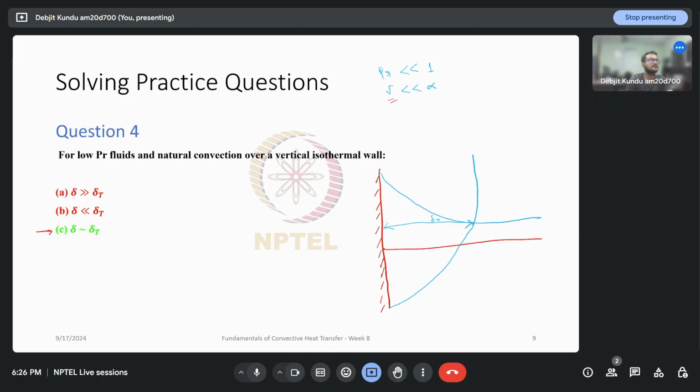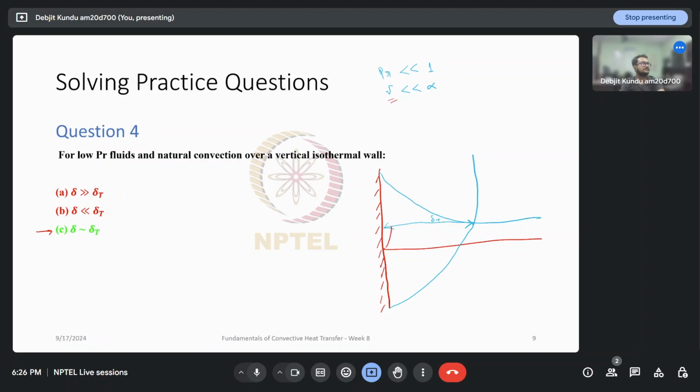And as a result, the entire fluid within that boundary layer has a motivation to move. As a result, it obtains a velocity, and the delta is actually of the same order as delta t because this entire region has some finite velocity.